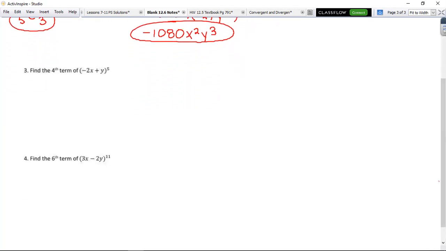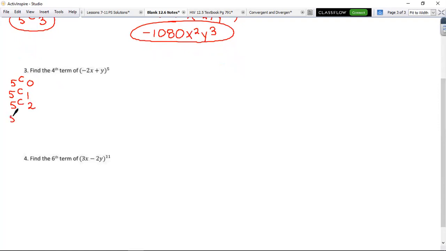All right, so we'll do another. So find the 4th term for this expansion, and this starts with a power of 5. So my first term would be 5, choose 0. I don't want that one. 5, choose 1 comes next. Don't want that one. 5, choose 2. Don't want that one either.